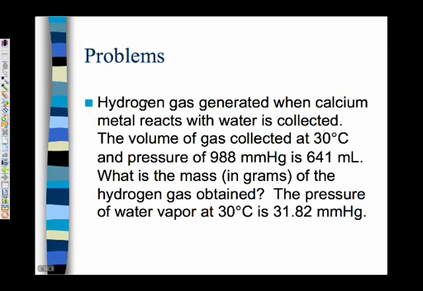Okay, the hydrogen gas generated when calcium metal reacts with water is collected, and the volume of gas is at 30 degrees Celsius. The pressure is 988 millimeters mercury and the volume is 641 milliliters. What's the mass in grams of the hydrogen obtained? Same thing as the last one.